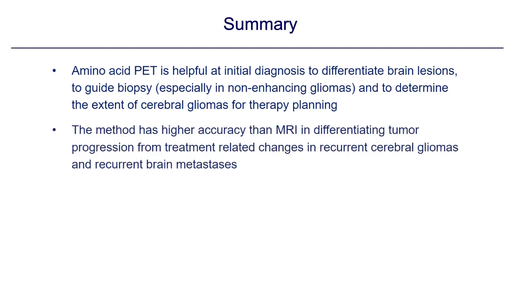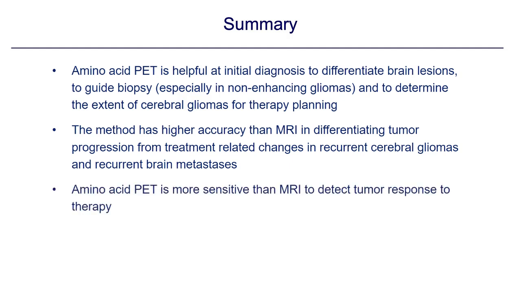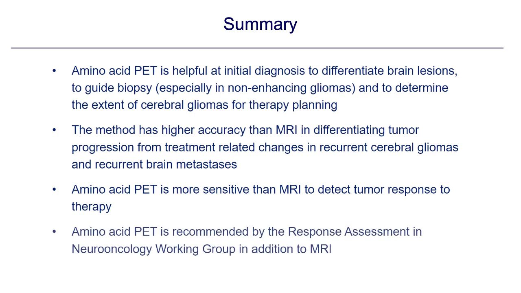The method has higher accuracy than MRI in differentiating tumor progression from treatment-related changes in recurrent cerebral gliomas and in recurrent brain metastases. Amino acid PET is more sensitive than MRI to detect tumor response to therapy. And finally, amino acid PET is recommended by the Response Assessment in Neuro-Oncology Working Group in addition to MRI.